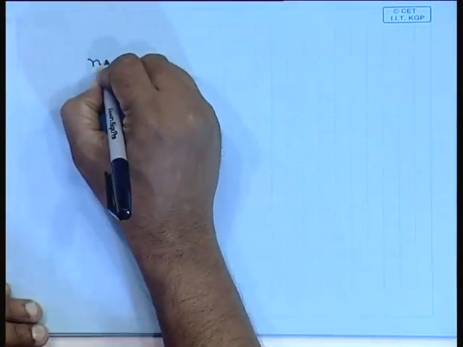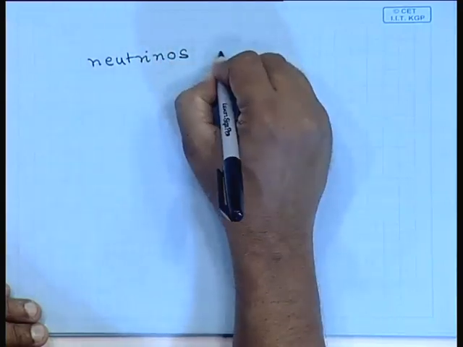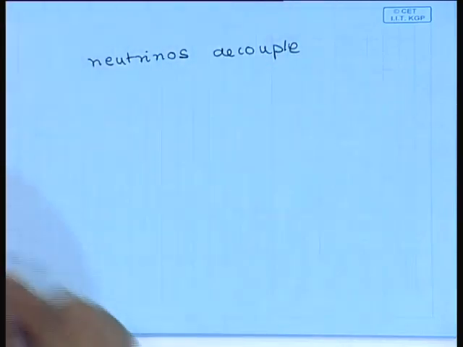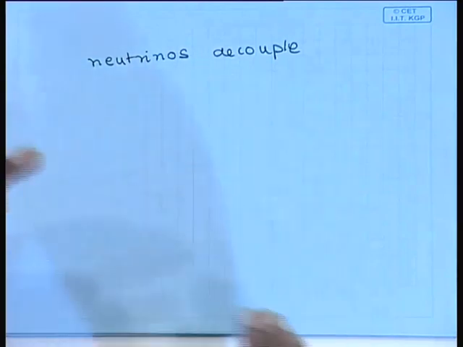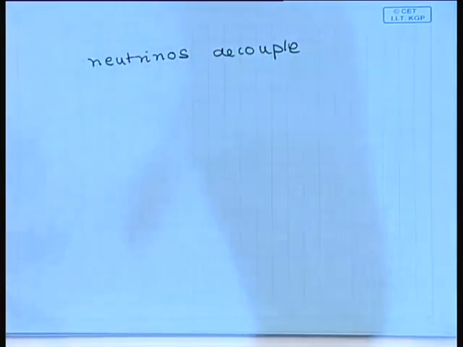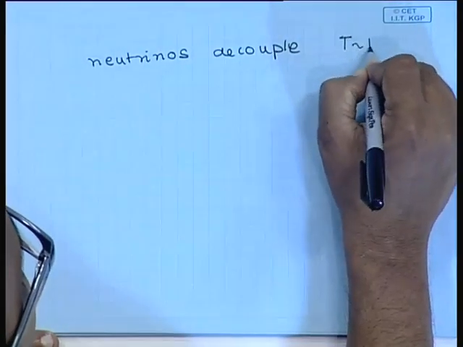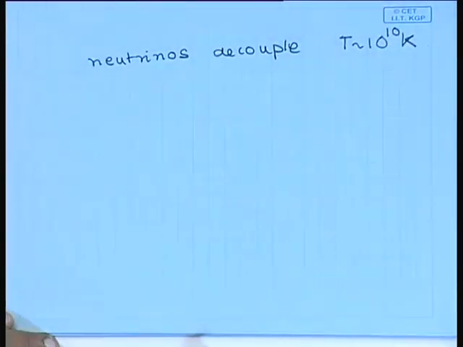First, the neutrinos decouple. Okay. So, what do we mean by this? They stop reacting with the rest of the material. The universe is expanding, so the density and the temperature of this whole thing is falling. The reaction rates fall as the universe expands. So, at a certain temperature, around 10 to the power 10 Kelvin, first the neutrinos decouple. They are no longer in thermal equilibrium with the electron, positron and photon.